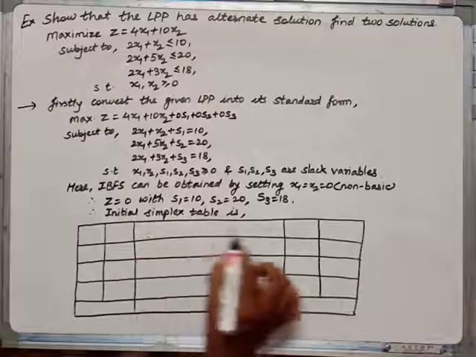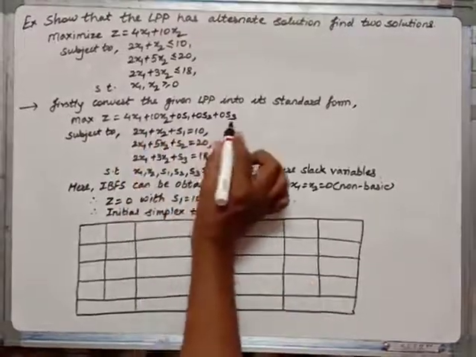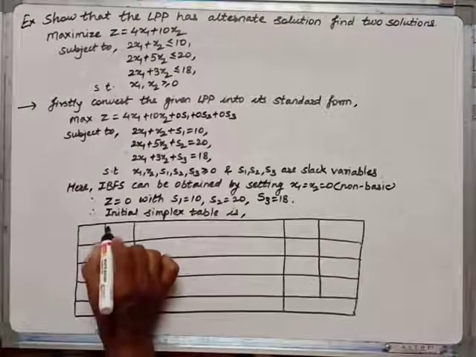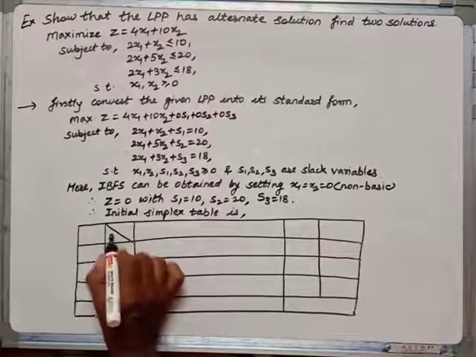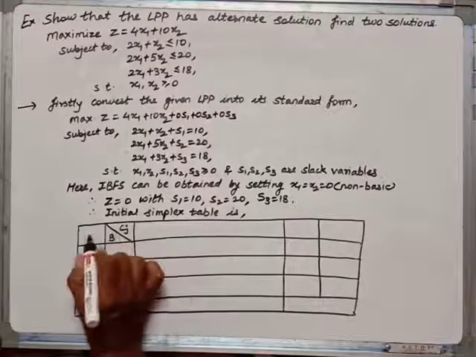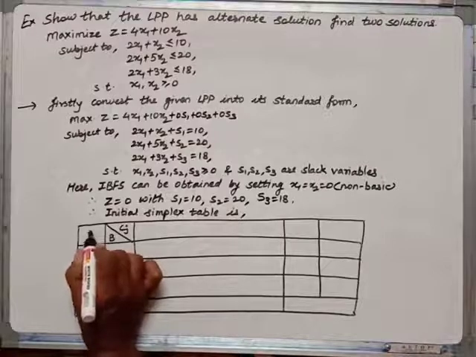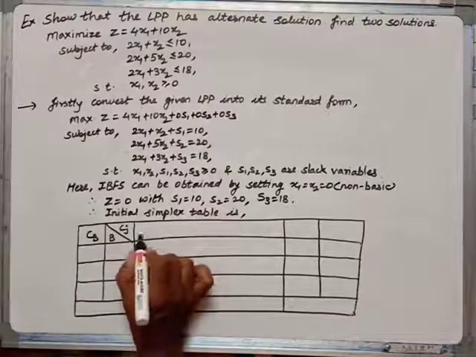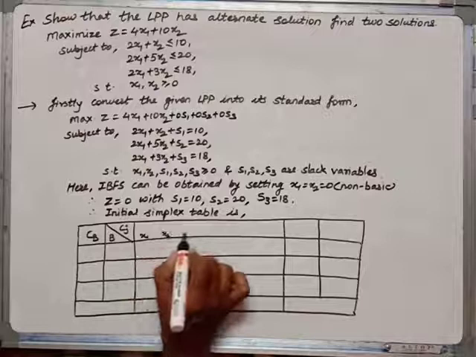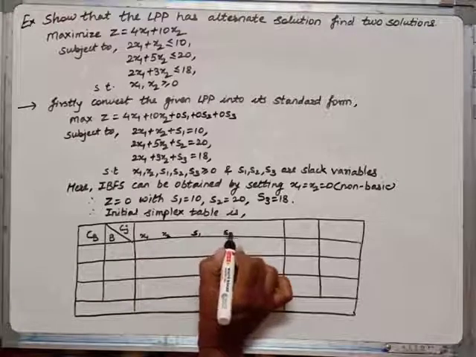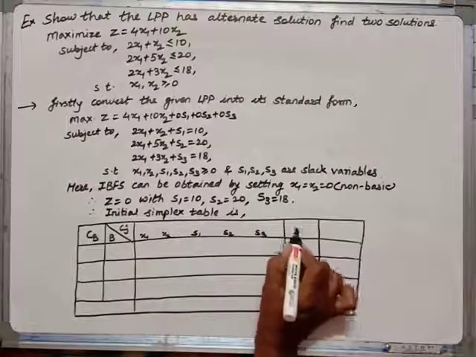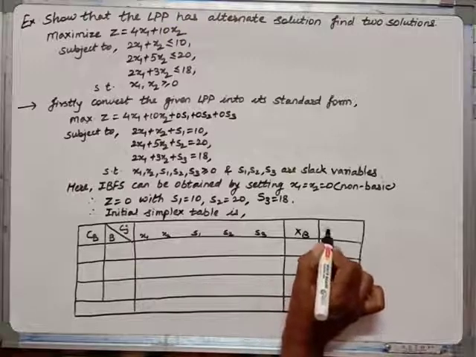Here the middle columns increase as the number of variables in the objective function increases. Here B, Cj, here CB, x1, x2, s1, s2, s3, xb, ratio.